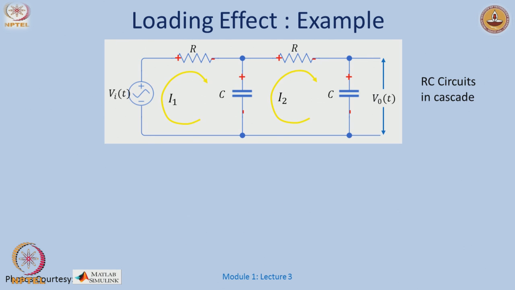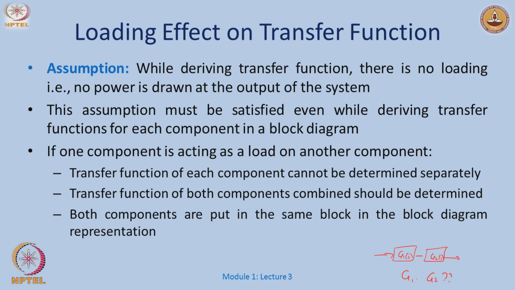So, there is a catch here: whenever I want to do an interconnection like this, the assumption is that while deriving the transfer function, there is no loading, that there is no power drawn at the output of the system. So, this assumption must be satisfied all the time while deriving a transfer function in this form.